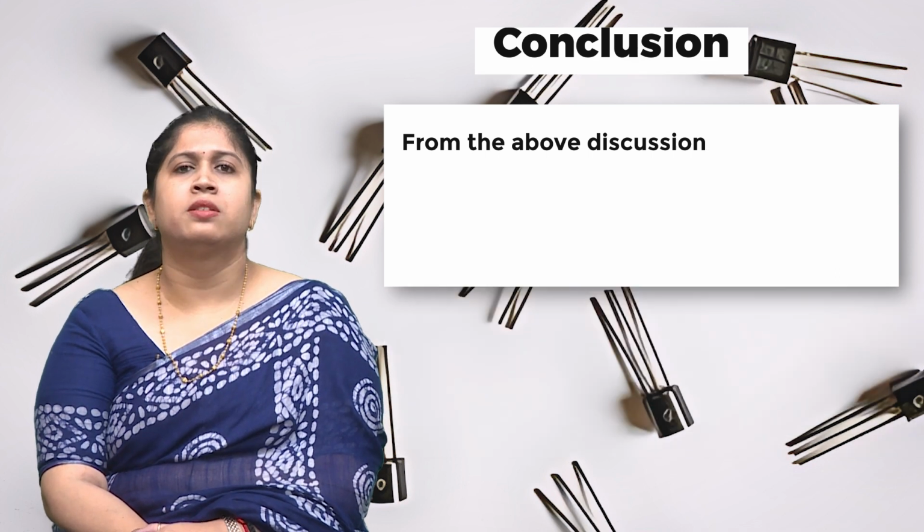In the first lecture of transistor and bipolar junction transistor introduction, we discussed what is the transistor, what is the symbol of transistor, what is the difference between diode and transistor, what is BJT, in BJT what is NPN, what is PNP, what is the current flow in NPN and PNP, what is the difference between PNP and NPN, and now we have completed this session.